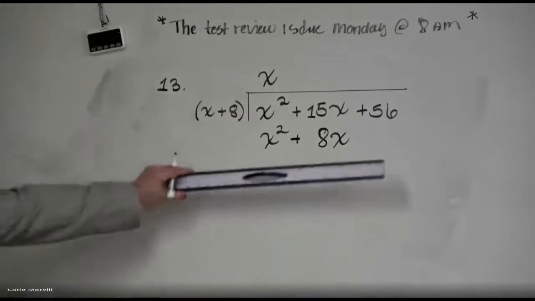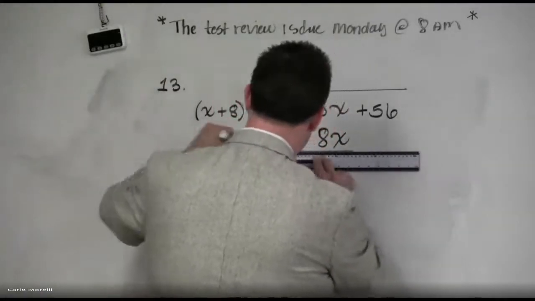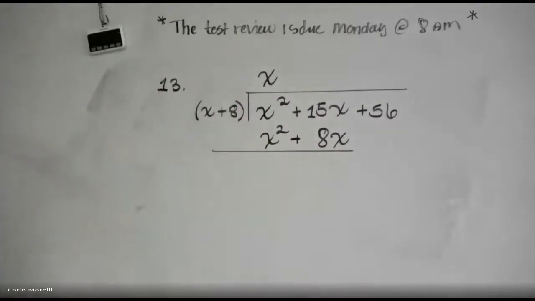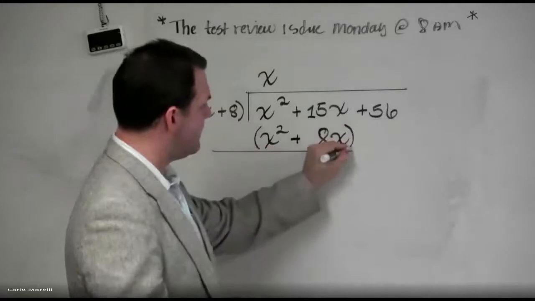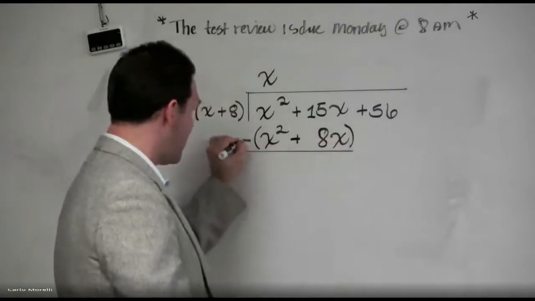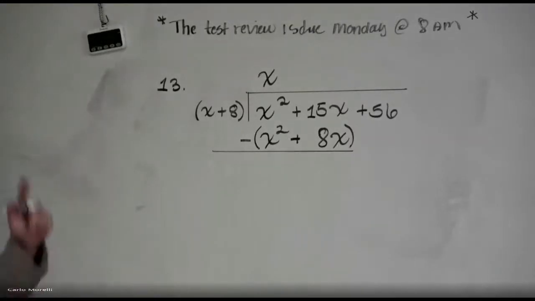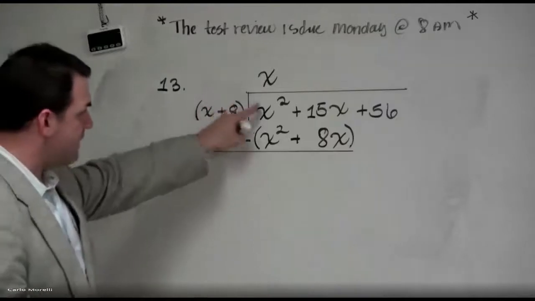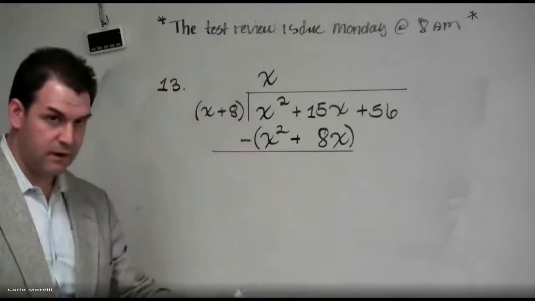Now take your straight edge and draw a huge line like you're going to do some arithmetic. Put this bottom expression in parentheses and stick a subtraction sign out to the left. Now we're going to subtract in columns, and we use our finger. X squared minus x squared, that's 0.